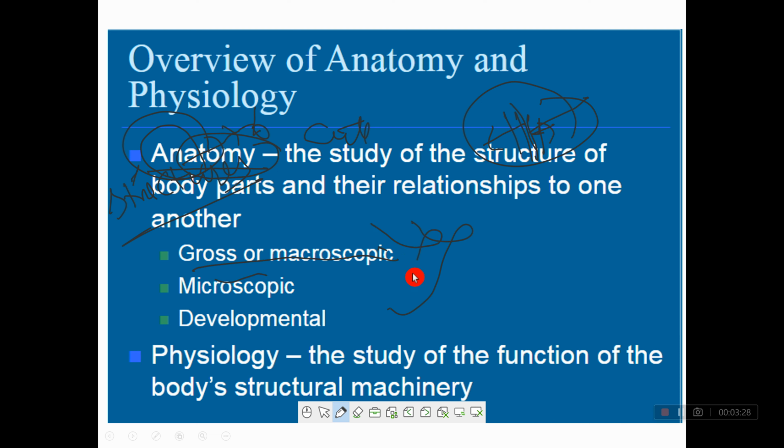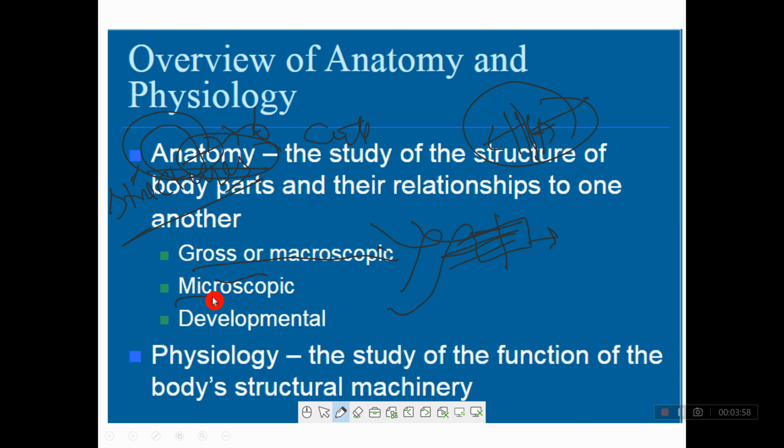Like I said, if you make an incision into the skin, you will be able to see the internal organs or structures underlying the skin. This kind of anatomy is called gross or macroscopic anatomy, which you can observe with the naked eye and give some analysis, right?